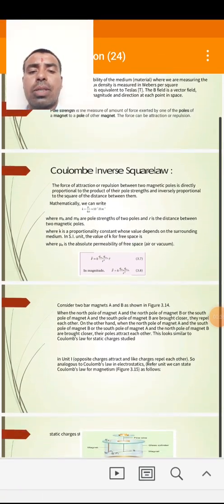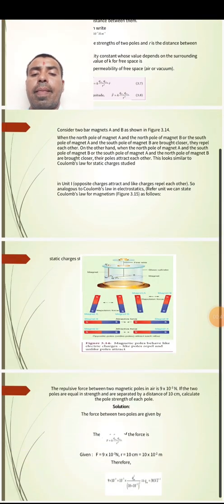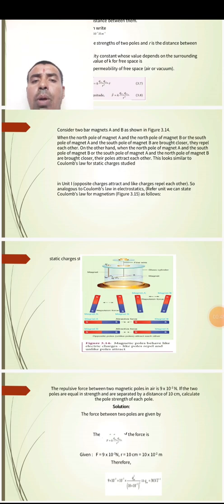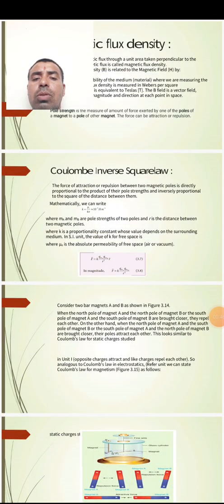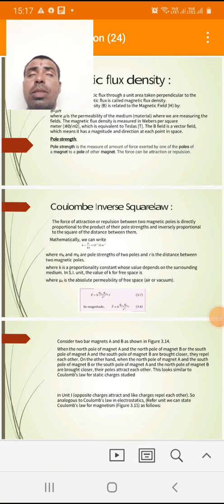Coulomb's inverse square law, and there is a problem on it also that we have to discuss, so you can understand how to solve problems based on the forces caused between poles, right?